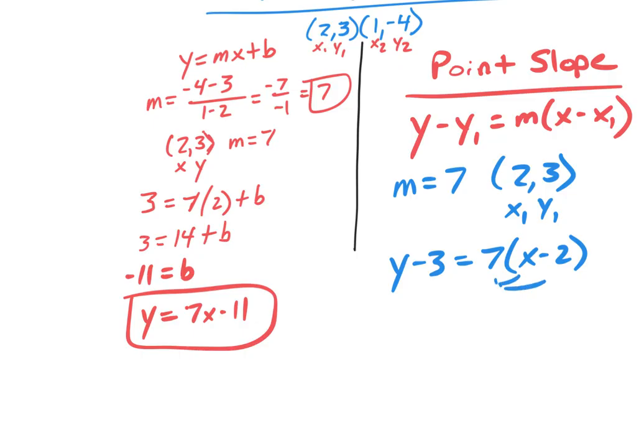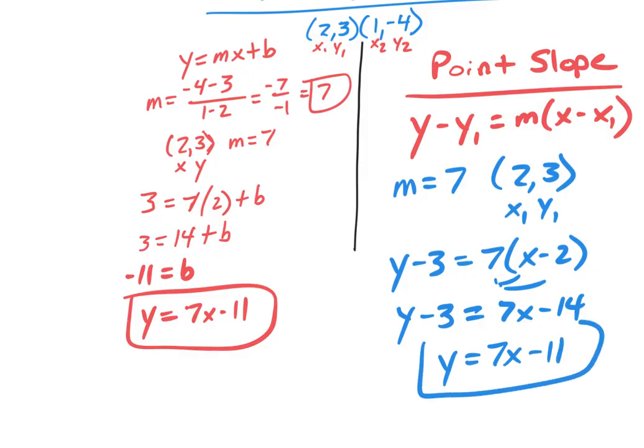And so now we're going to distribute the 7. And then we're going to add 3. And we get the same answer, okay? And that's why it doesn't really matter which method we choose to do.